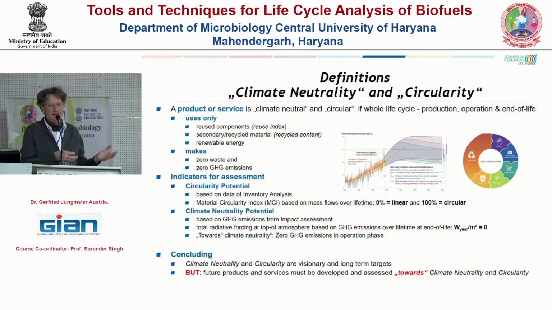If you're an optimistic person, you say, yes, I only use secondary material. Yes, I only use renewable energy. And yes, on the very end, everything is recycled. So these are the three principles: secondary material, renewable energy, and 100% recycling.